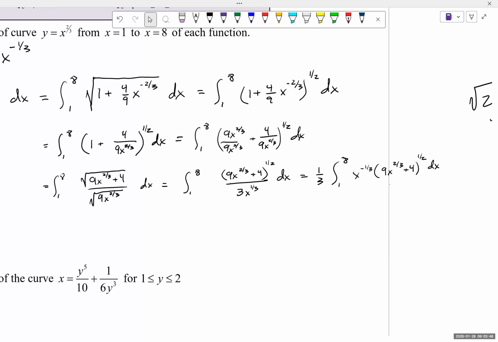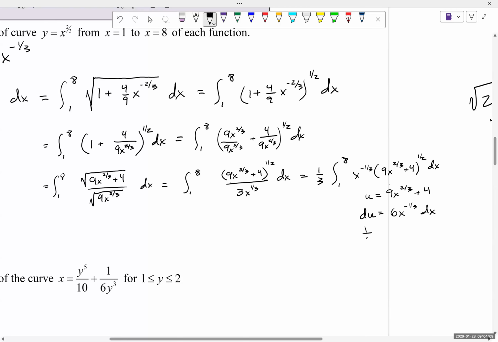So, we're gonna let u be what? 9x to the 2/3. And du, when I multiply the 2/3 in front, am I getting a 6x to the negative 1/3 dx? Which gives us 1/6 du equals x to the negative 1/3 dx.